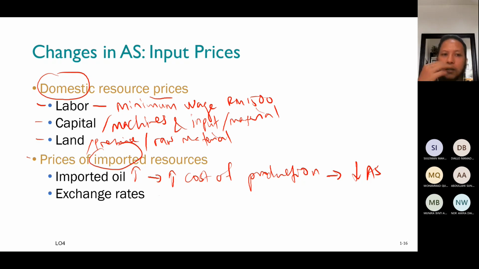So depending on whether the exchange rate appreciates or depreciates, this will influence the cost of business, the cost of production, and will also affect the aggregate supply.